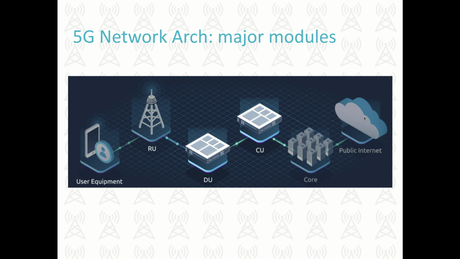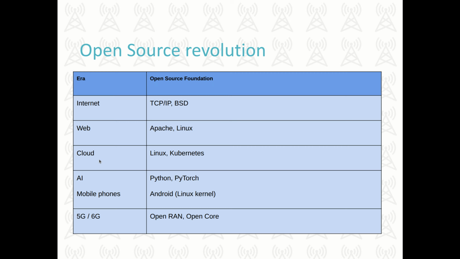And then we have the RAN part, CU, DU and RU. This is the typical CU, DU, RU architecture in 5G, right? So control unit, then distributed unit, then the radio part typically, and then the user equipment.